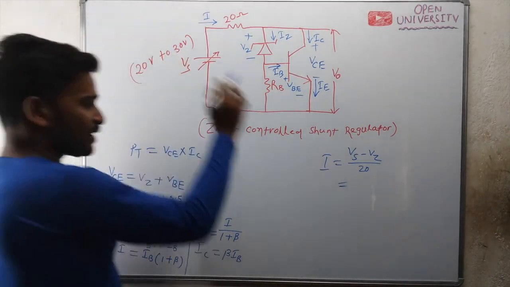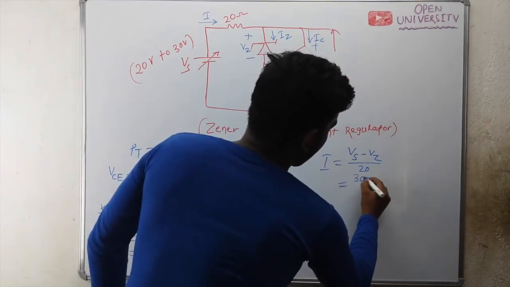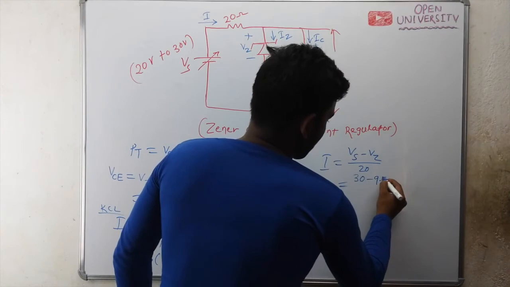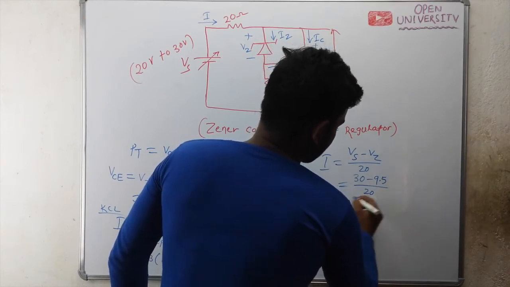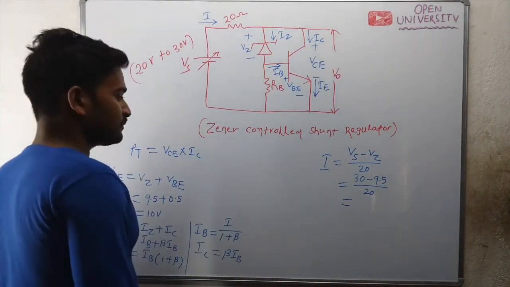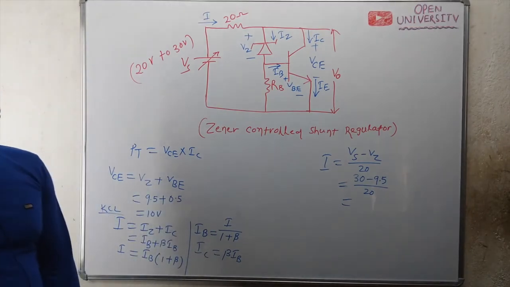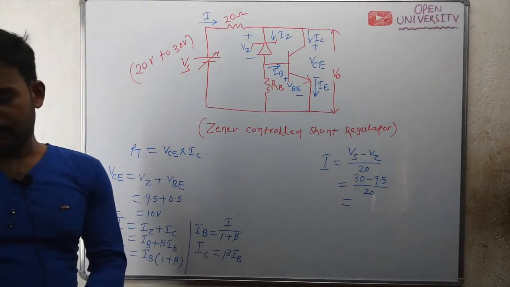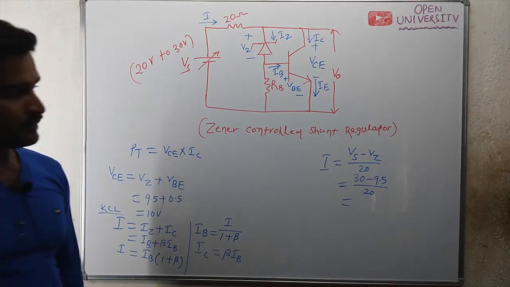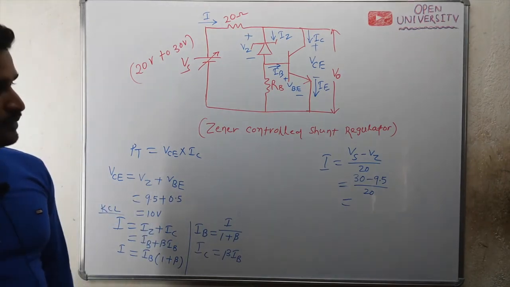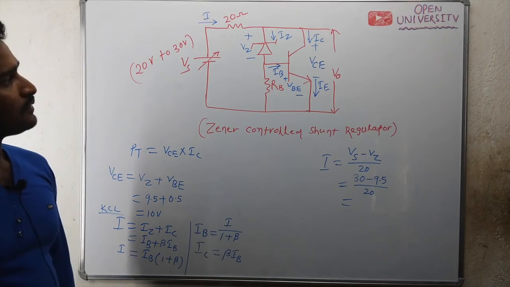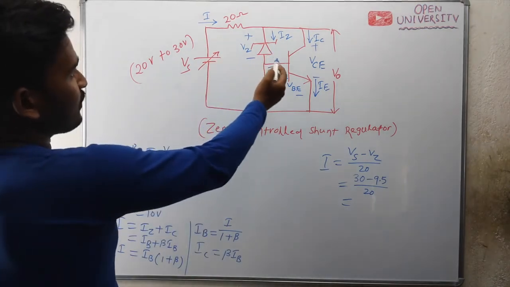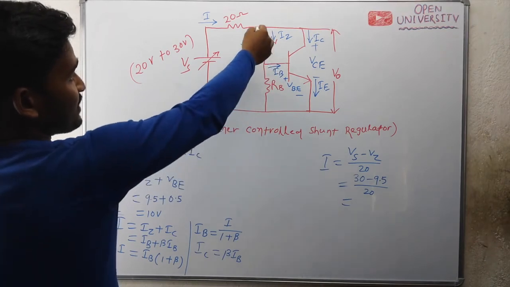So what is the maximum value of VS? 30. Sorry, here I is not measured just with VZ.